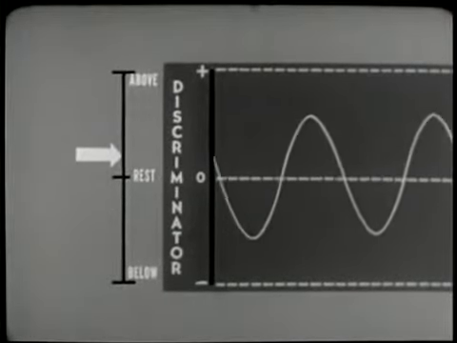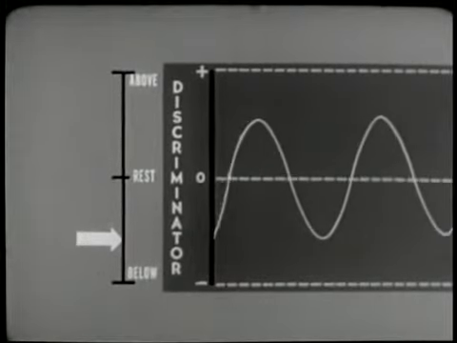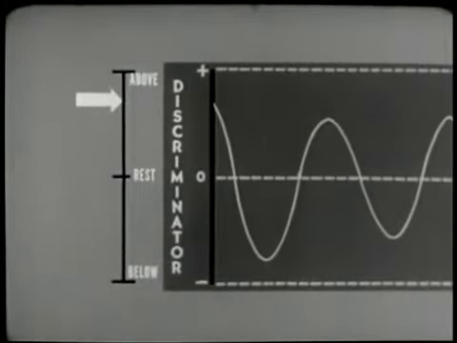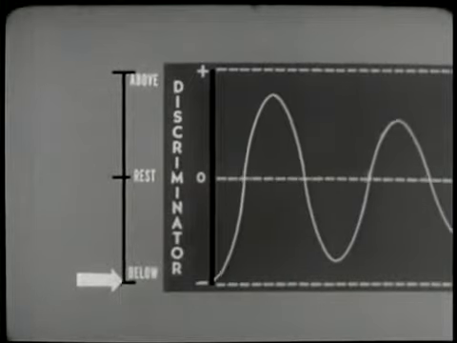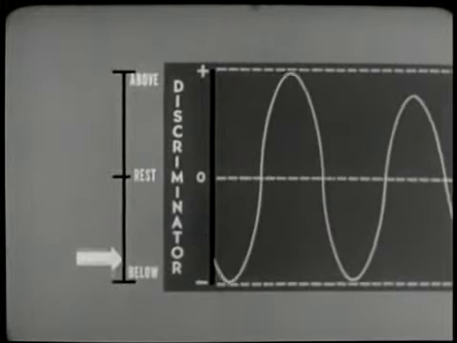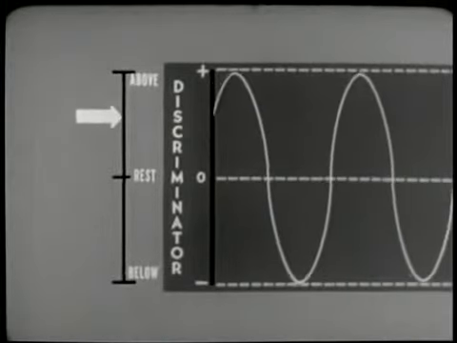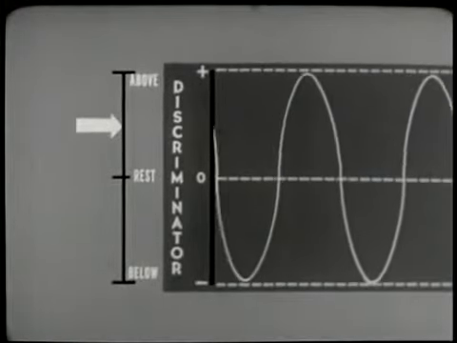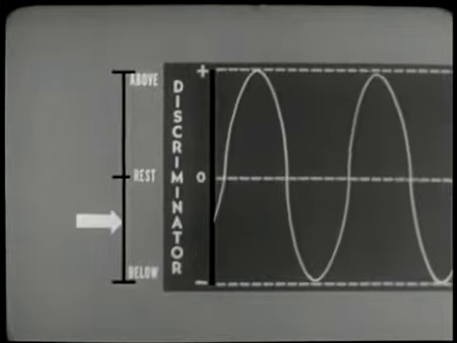Note that the amplitude of the audio signal is an accurate reflection of the amount of the carrier's deviation above and below rest frequency. Also note that the frequency of the audio signal is an accurate reflection of the rate or speed at which the carrier registers its deviations.